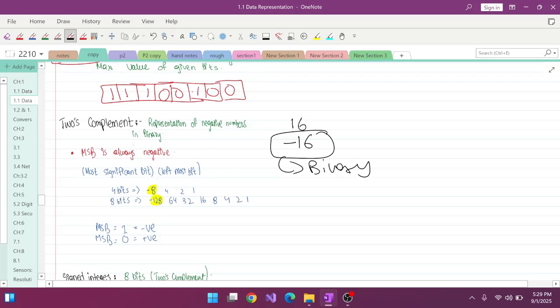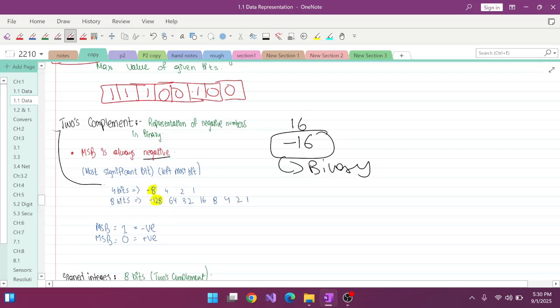First of all, in 2's complement, the most significant bit is always negative. What does this mean? It means the leftmost bit tells whether the number is negative or not, and whether it belongs to 2's complement or not.